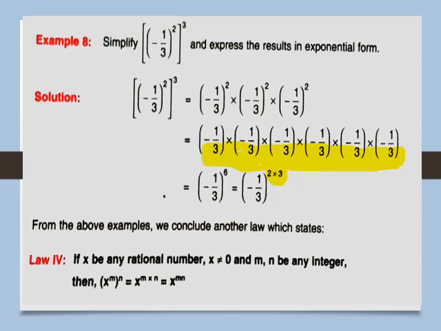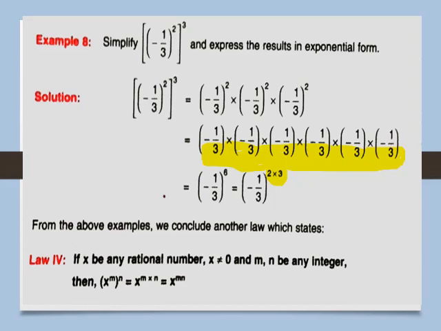So the power is minus 1 upon 3 raised to the power 6. How will you write this? You will write this as 2 multiplied by 3. In this way we can conclude the fourth law. And what does the fourth law say? When both powers are there, instead of calculating, we can simply multiply the powers.